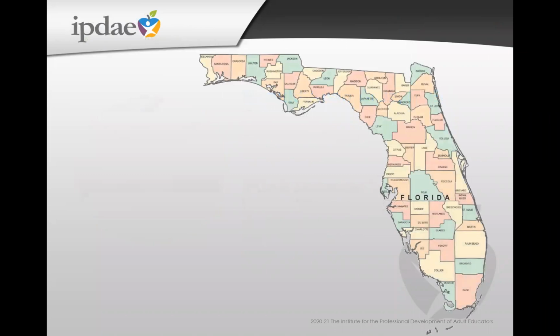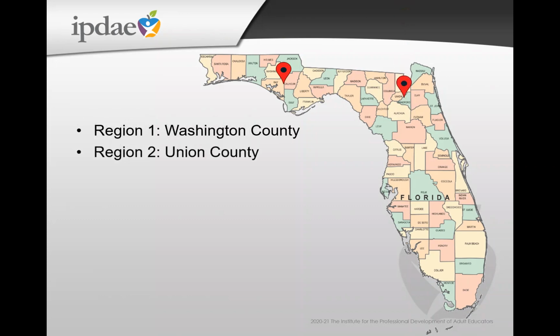As you already know, we're trying to cover the entire state of Florida and provide this workshop and really deliver this information to as many audiences as we can. Now, we are going to the following regions. We're going to Region 1, specifically in Washington County. We're also going to Union County.